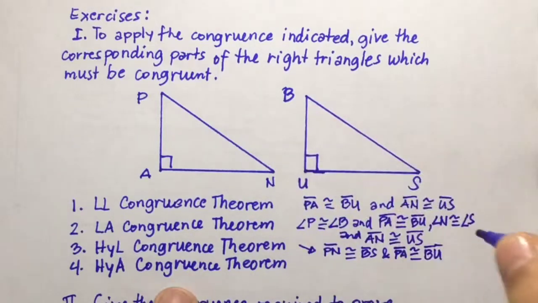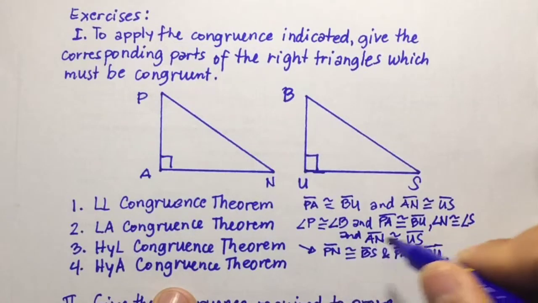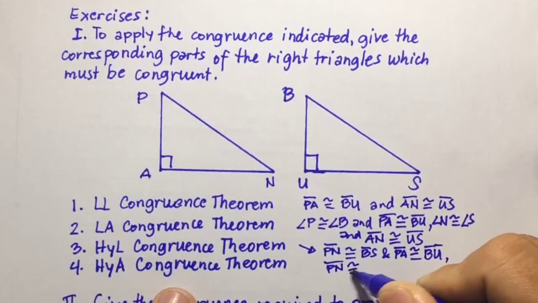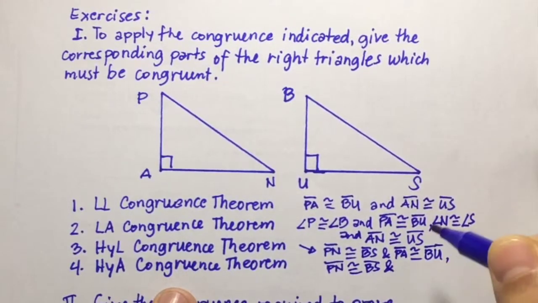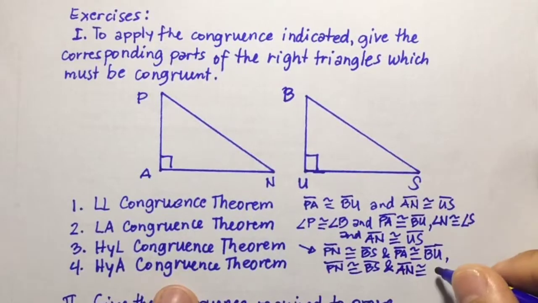And then we can also have another pair. Let's have line segment PN congruent to line segment BS, and line segment AN congruent to line segment US.